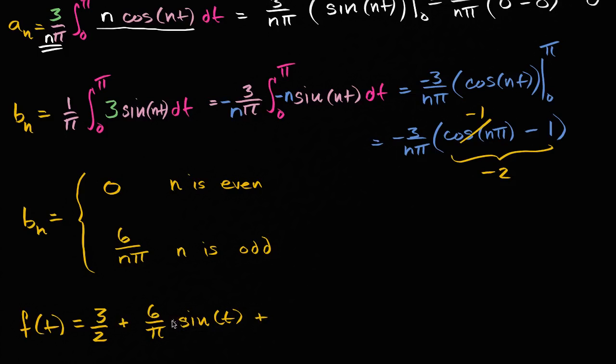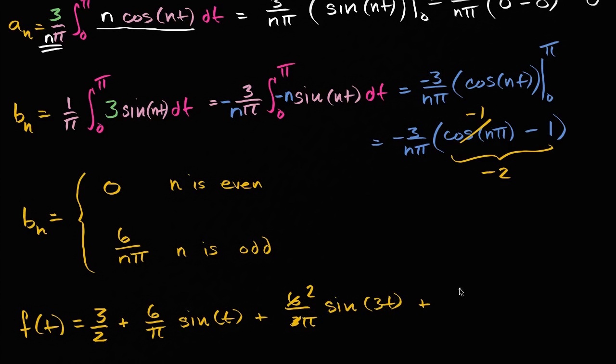Plus, now we're not going to have a b sub 2. We're going to have a b sub 3. So 6 over 3 pi times sine of 3t. And of course, this is the same thing as 2 over pi times sine of 3t. Plus, now we are not going to have a b sub 4, we're going to have a b sub 5.